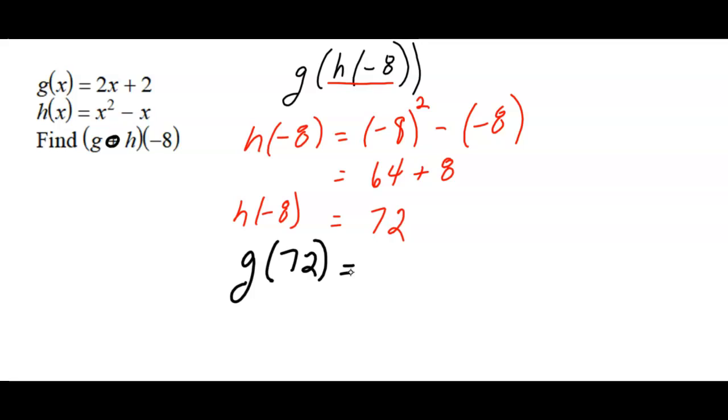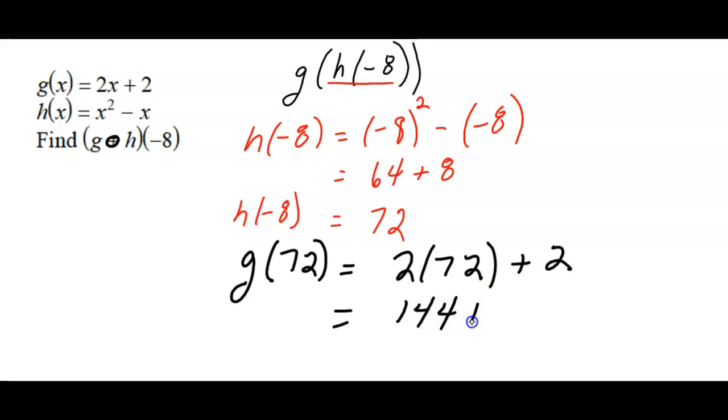So we had 2 times 72 plus 2. 2 times 72 is 144, plus 2 is 146. So that's your final answer.